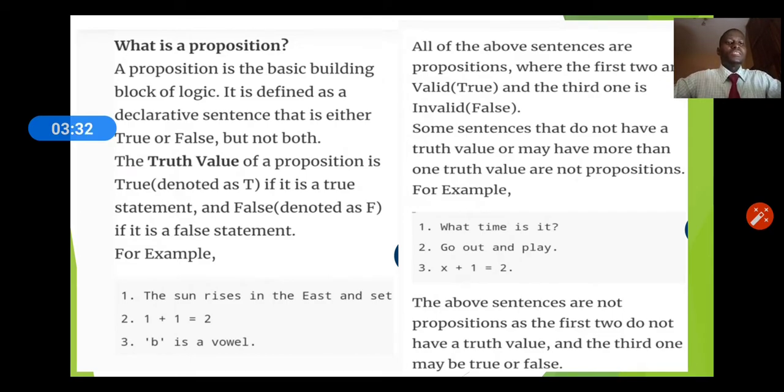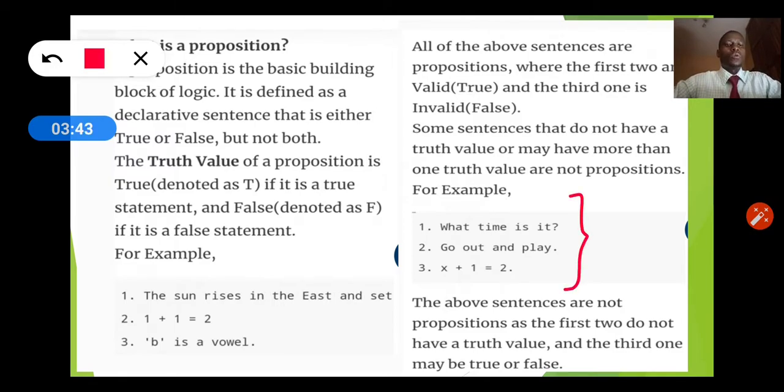Now let's see examples that are not propositions. Those are the next three that we have on this slide. What time is it? That's a question. A question is not a proposition. Take note of that. Go out and play. That's a command.